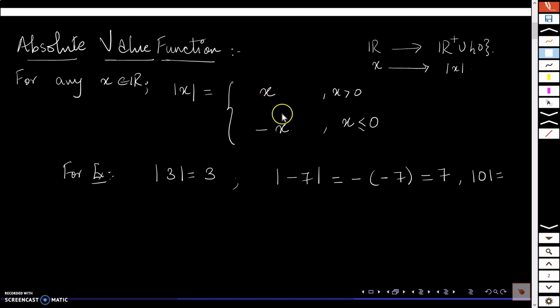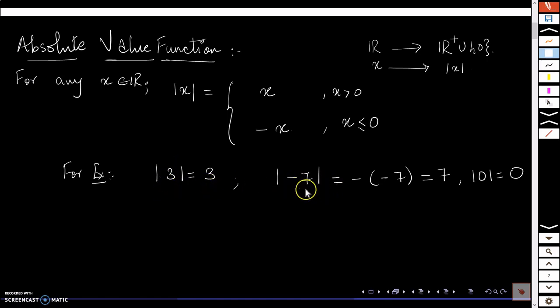Some books also give a separate condition: x positive, then it is x; x strictly negative, then it is minus x; and when x equal to 0, it is 0. So absolute value of 0, no matter where you keep that 0, either in this condition or in the second condition, is always going to be 0. From here, if I take any positive real number, its absolute value is positive.